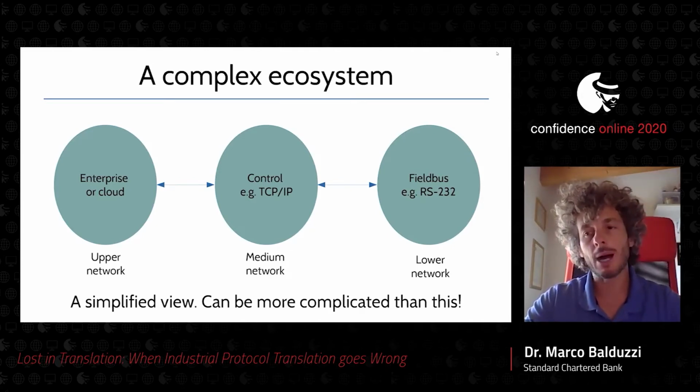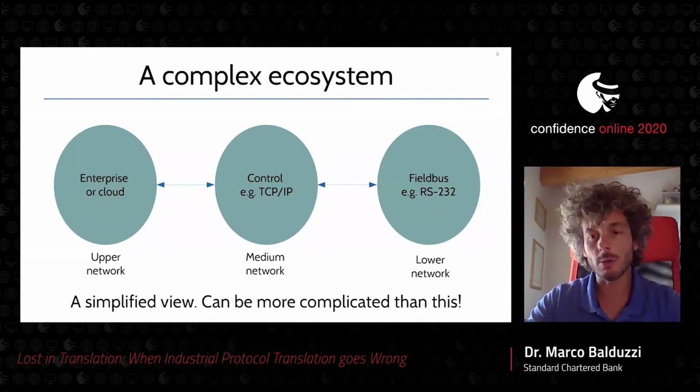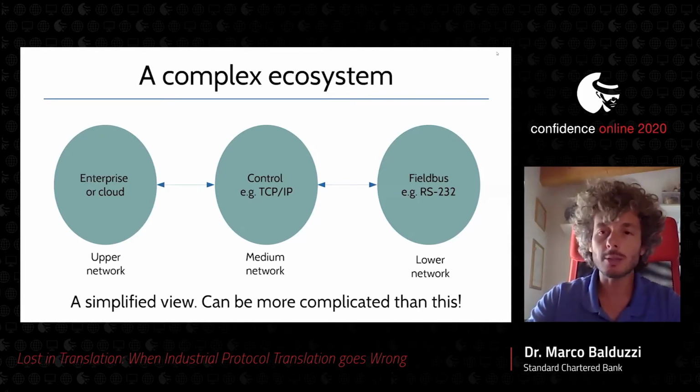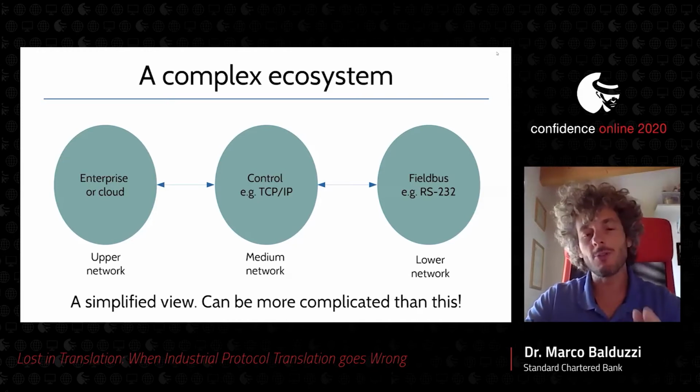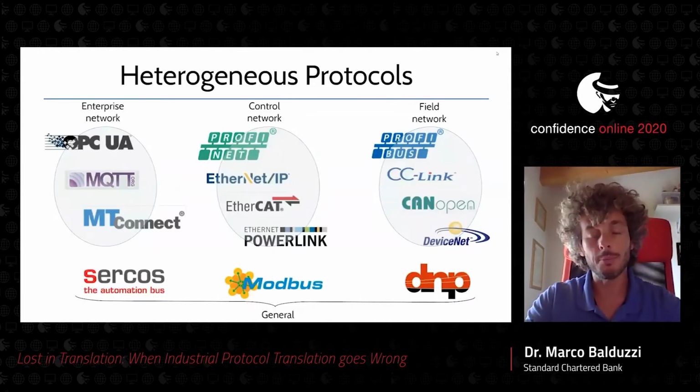And then you have a fieldbus network, which normally runs on serial, and is that part of a network that is directly connected to a PLC and to different sensors as well as motors and so forth. This is very simplified, but it can be way more complex than this. This is because each of these network layers may run on different protocols.